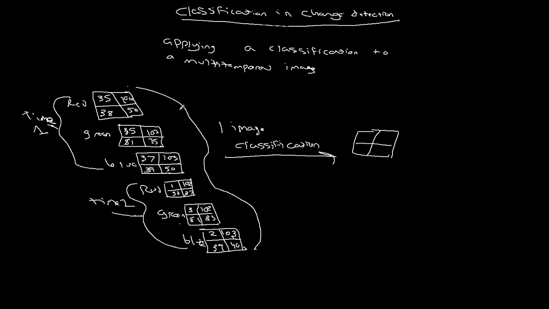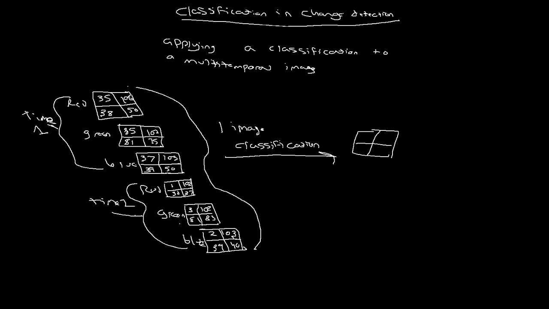And let's think about what would happen here. Our pixel 1 was vegetation in time 1, that's what these pixel values here represent, but it was burned to the ground and is now bare earth in time 2. This pixel here was vegetation at time 1, but it was also vegetation at time 2.